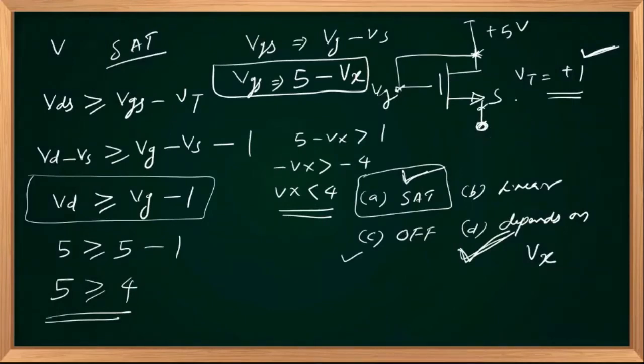If it is 1, definitely it will turn on the transistor, VGS is 4, greater than 1 volt VT. Then your answer is saturation. Otherwise, if Vx is a general variable, you can go for it depends on Vx, right? Okay. So you should be careful with respect to the value of source potential, right?